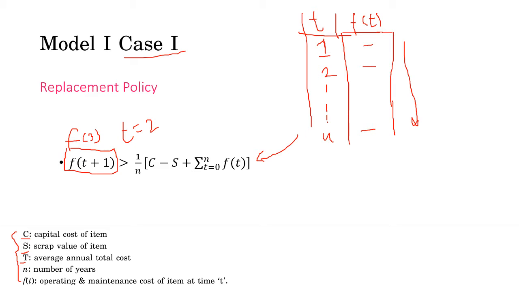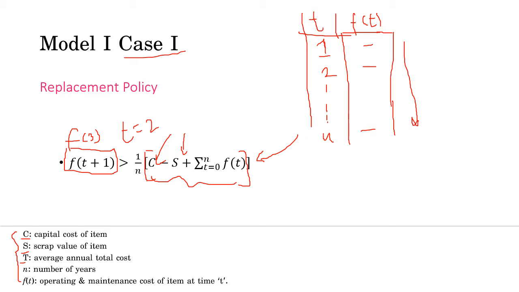So as we are dividing this square bracket by n, we are taking average of that term inside this square bracket. So C is the capital cost, capital S is the scrap value, and we need to add all the maintenance costs.